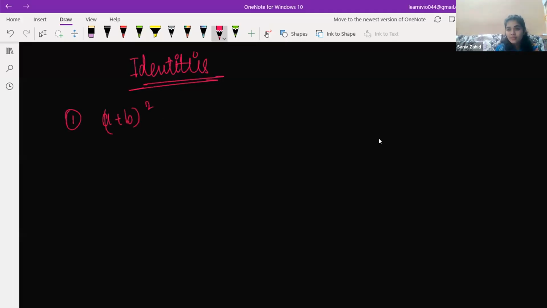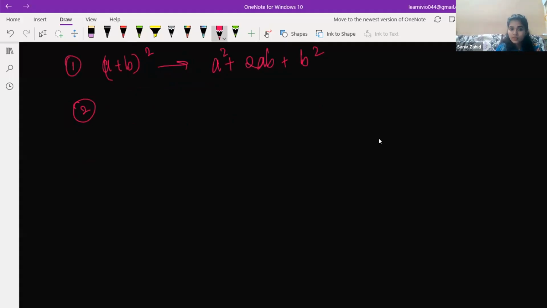So how do we open this? A square plus 2AB plus B square. Very good. What is the next identity? A minus B whole square. How do we open this? A square minus 2AB plus B square. Very good.